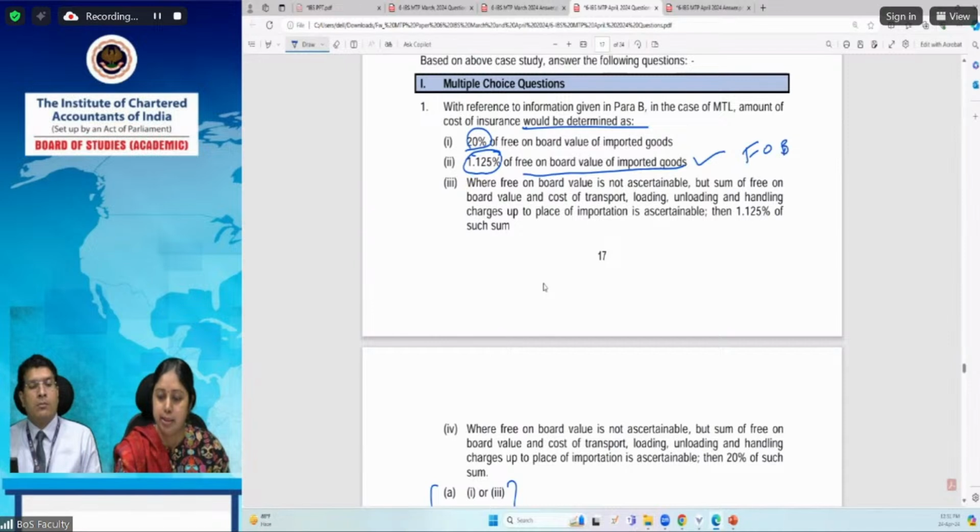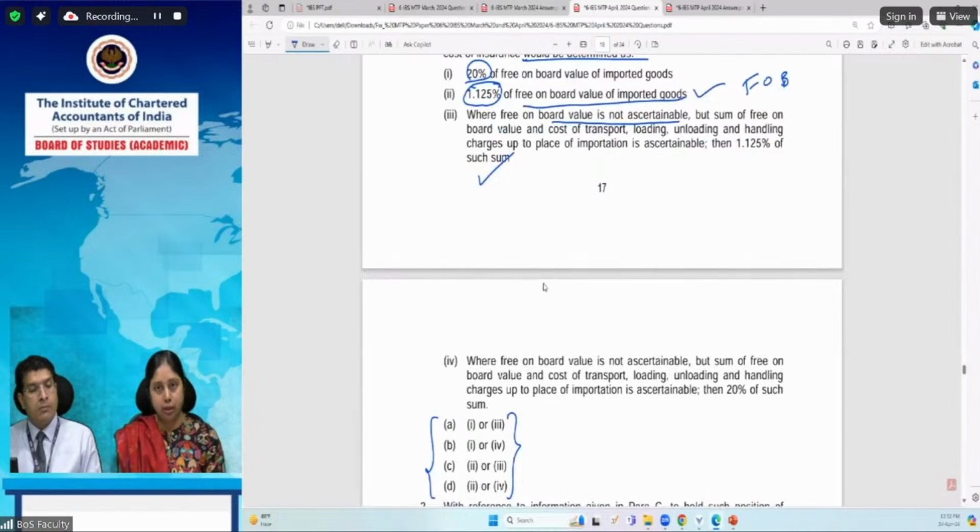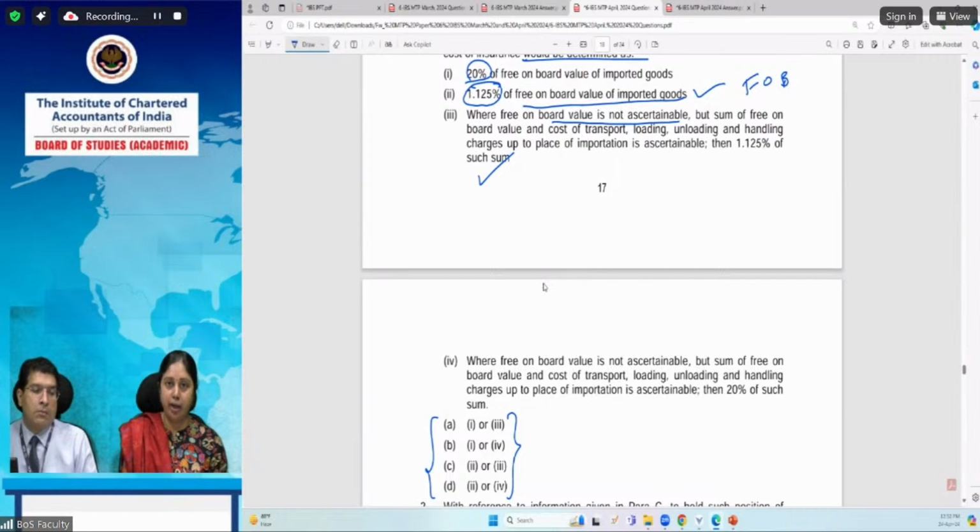But in case the FOB value is also not ascertainable, then the sum of free on board, that is FOB value, plus the cost of transport, handling, loading, unloading, up to the place of importation will be taken together, and we'll take 1.125% of the said sum. And the fourth option says that in case the FOB value is not ascertainable, and we take a sum of FOB value plus cost of handling, transport, loading, unloading, then we have to take 20%.